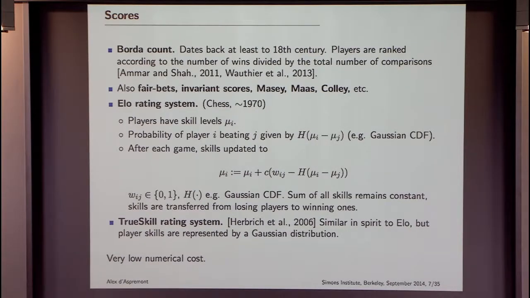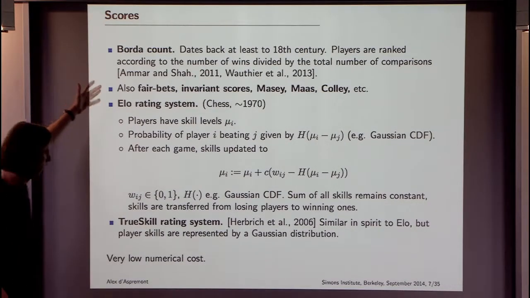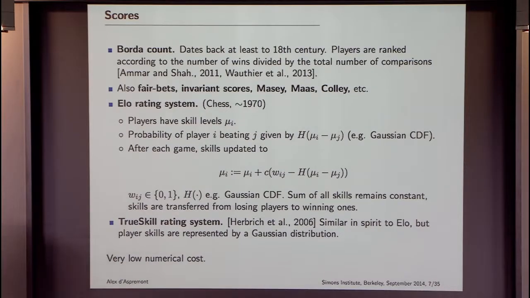But there's a very long list of variants. I'm citing a few here. The Elo system is interesting, and I'm just going to detail it a little bit more here. And it looks a lot like the statistical methods that will follow. In the Elo system, players have a skill level, u_i. It's their Elo score. Okay?